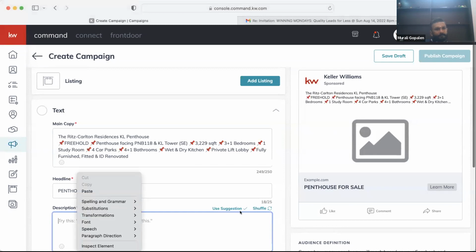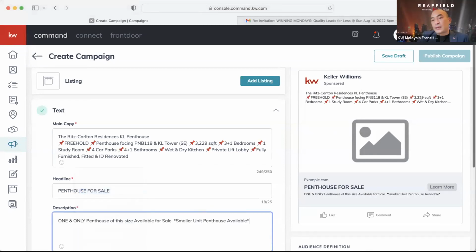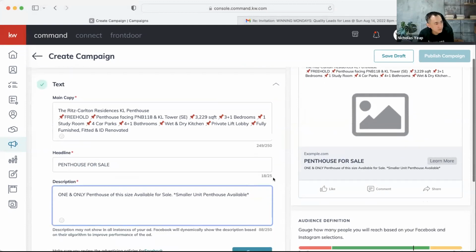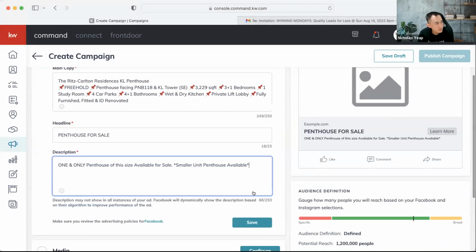So in terms of wording, this is how it looks like. This will appear on your phone soon. So that's step 2.